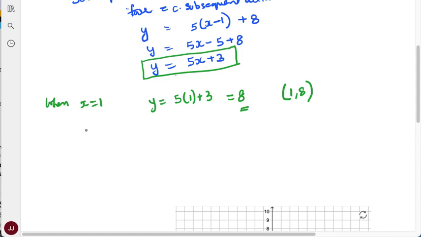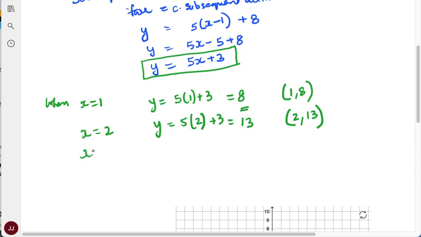So next we can calculate when you are going to travel 2 kilometers. So y becomes 5 into 2 plus 3. That is 10 plus 3, 13. So now for 2 kilometers it is 13 rupees. Right? 8 plus 5. Yes, it works out. Yeah, that's good.